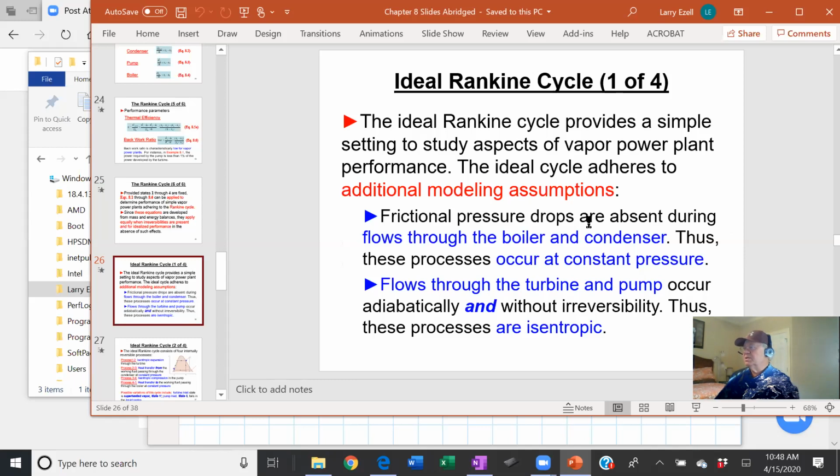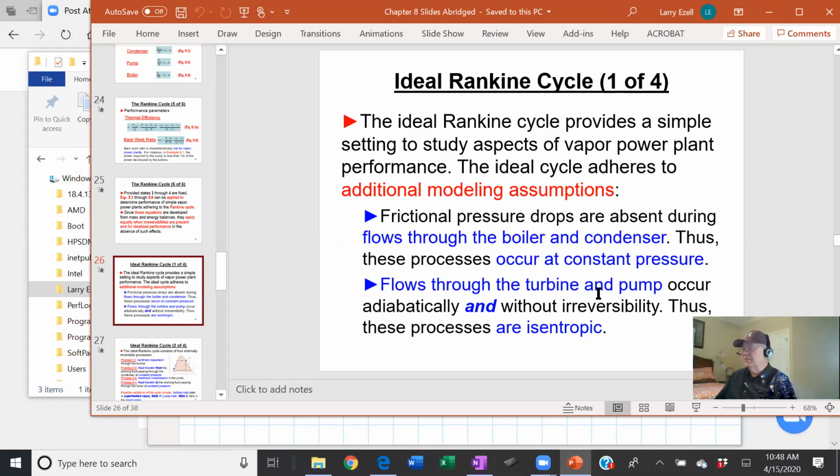The frictional pressure drops are through the boiler and condenser. We neglect those and say the pressure through the boiler and the condenser happens at constant pressure. There actually is a pressure drop, but we're going to say constant pressure. These don't make a considerable amount of losses in a typical system, but the irreversibilities through the pump and turbine do.